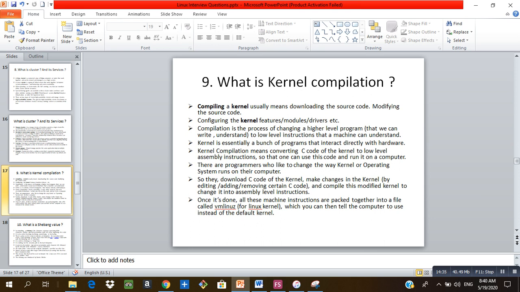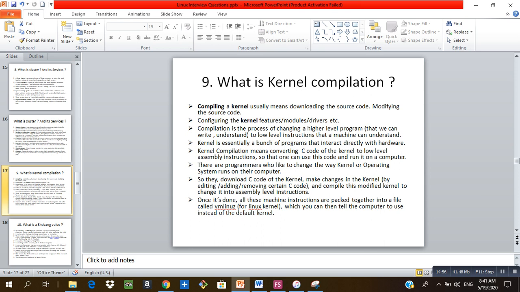Kernel compilation means converting the C code of the kernel to low level assembly instructions so that one can use this code and run it on a computer. There are programmers who like to change the way the kernel or operating system runs on their computer.